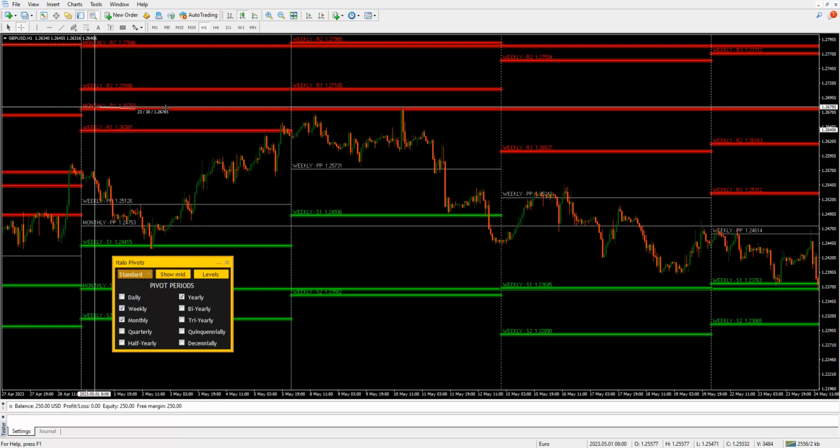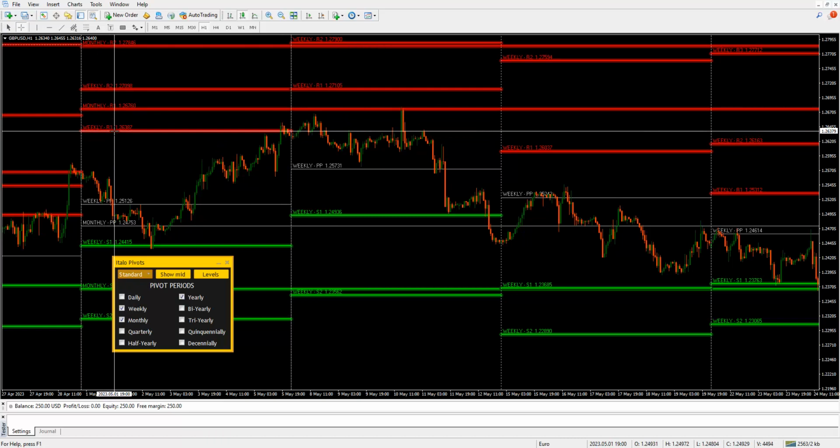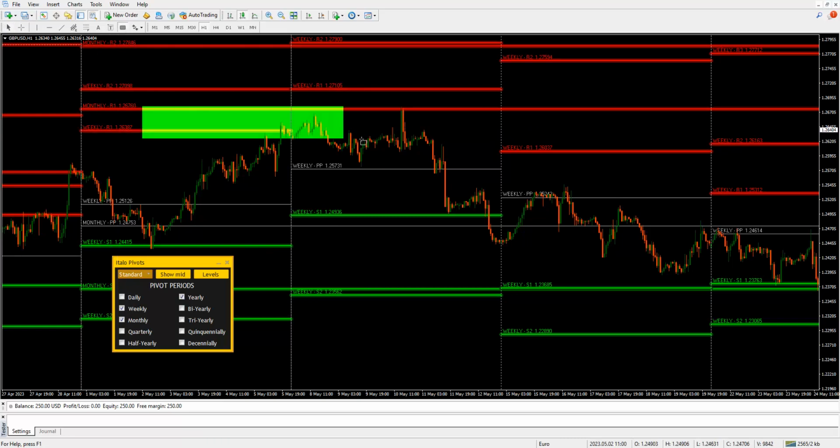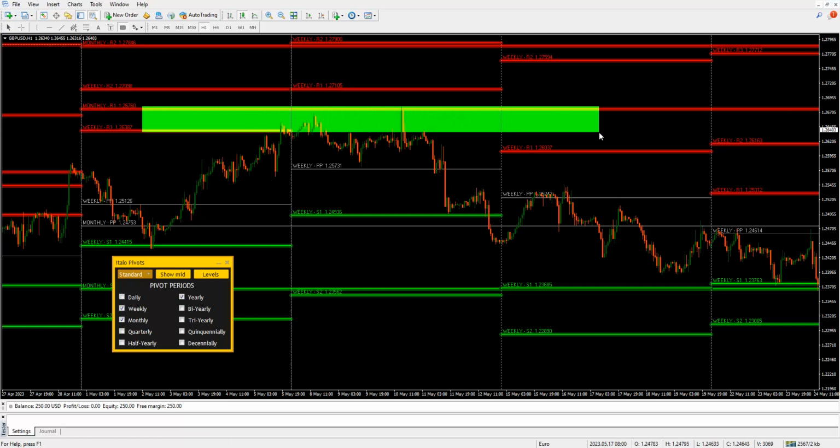Here I have the monthly horizontal line, resistance line, and here I have weekly resistance line. So here I have a zone, a reversal zone. Take a look at this. The market went up, went down a little bit, 700 points, and then the market went up again and couldn't break up these two resistance lines.